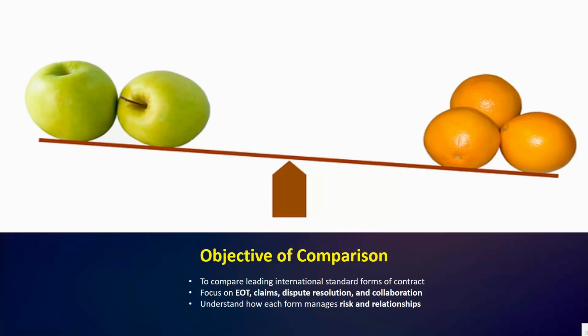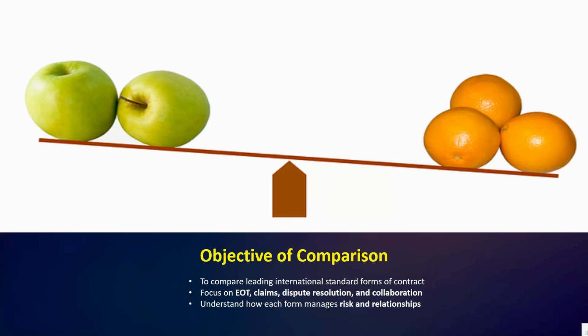So let's start. First, we have the objective of comparison. The main purpose of this comparison is to help you see the big picture. We will look at how these leading forms handle key project management areas such as EOT procedures, claim handling, dispute resolution, and collaboration between parties.